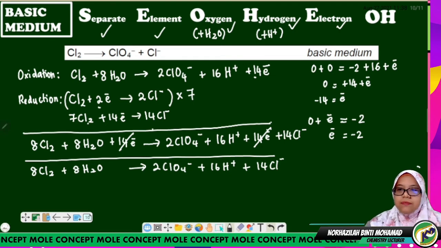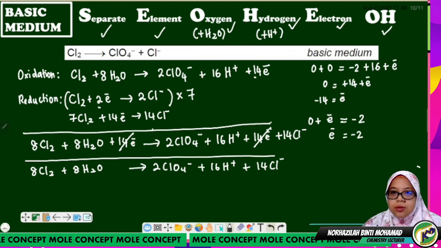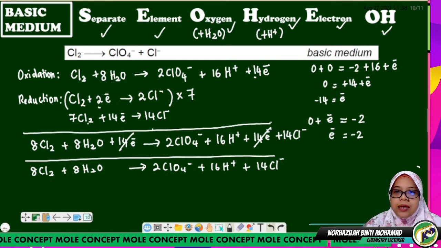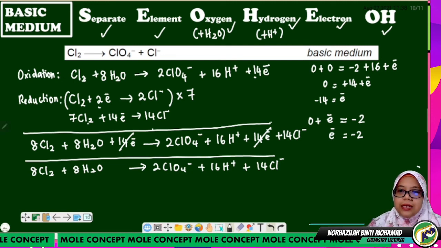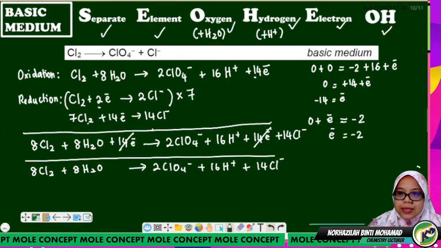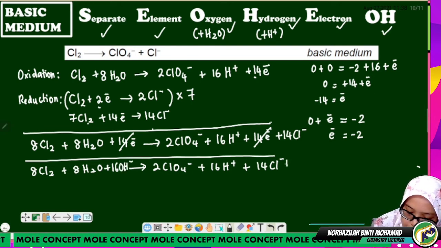Right now for the final step we need to add OH minus. How many OH minus we add depends on the number of hydrogen ions in the equation. I have 16 hydrogen ions, which means I need to add 16 OH minus on both sides. So on this side I add 16 OH minus, and on the product side I also add 16 OH minus.